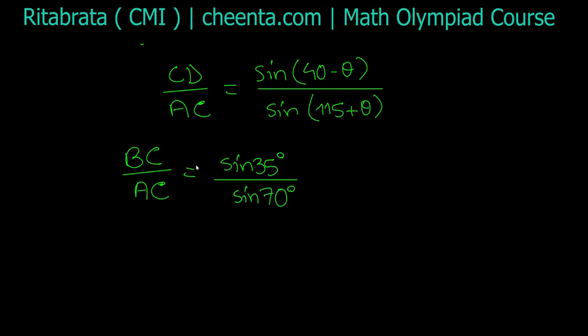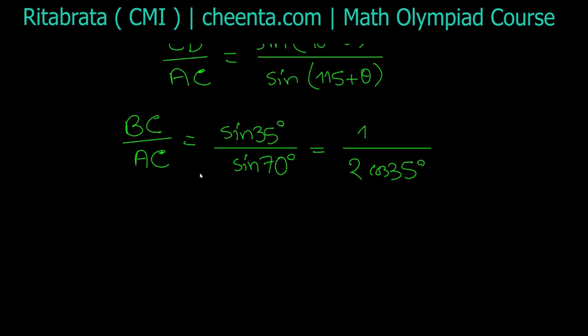And sine 70 degrees is 2 sine 35 cos 35, so this is just 1 by 2 cos 35 degrees. And using the previous relation that CD equals BC, we can easily get an equation. CD equals BC, and these two equations give me directly one relation.